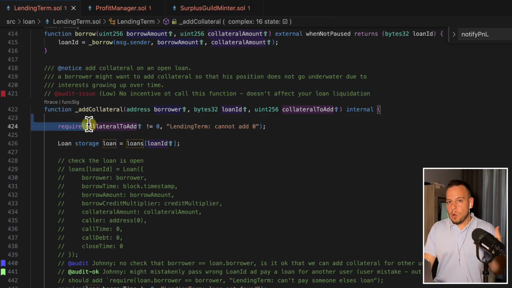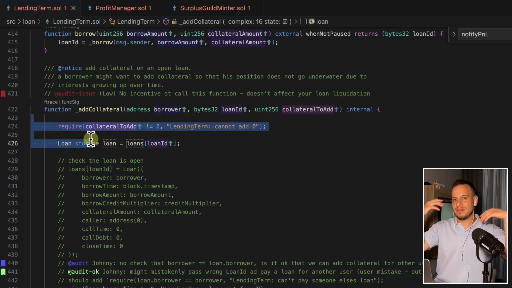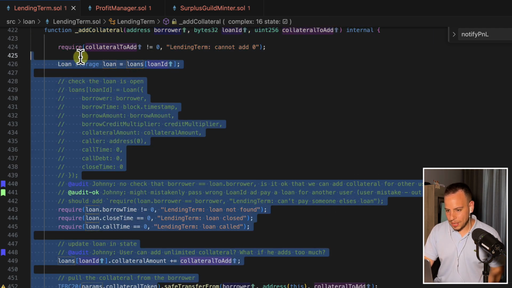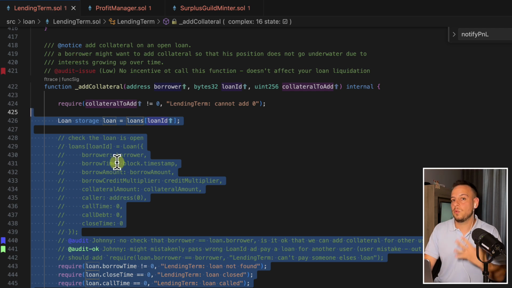There is no mechanism to check the ratio between your collateral deposited to the credit tokens that you borrowed from the lending term. So basically, there is no incentive for users to add collateral because it's not going to affect whether you're going to get liquidated or not.